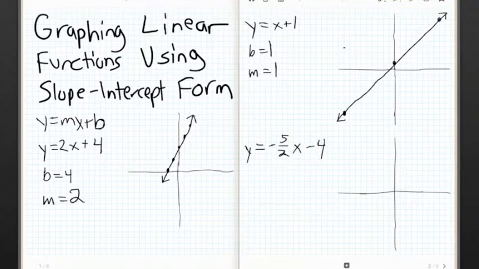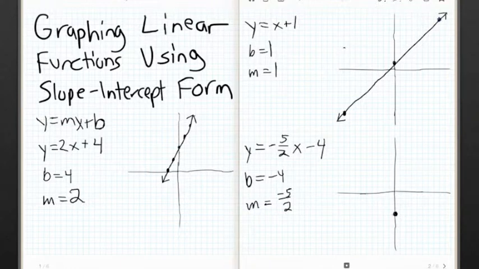Okay, let's throw in some negative numbers here. So we have a y-intercept of negative 4 and a slope of negative 5 over 2. What this means is y changes by negative 5 and x changes by 2.